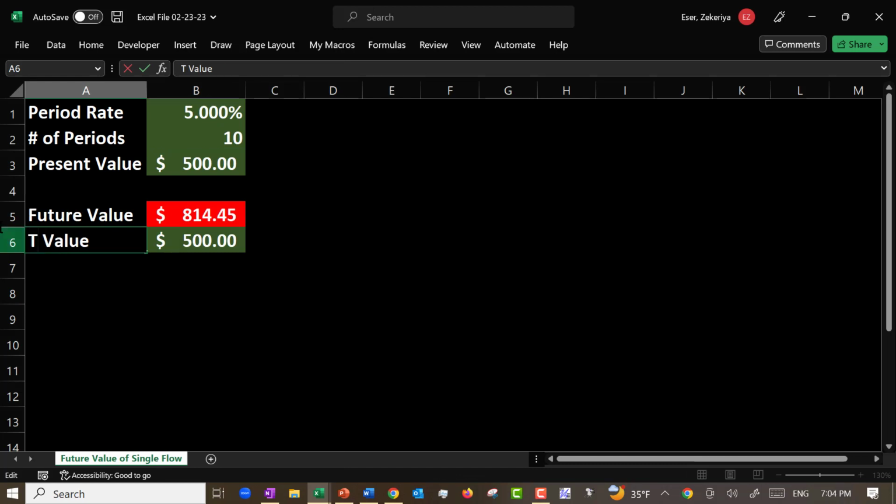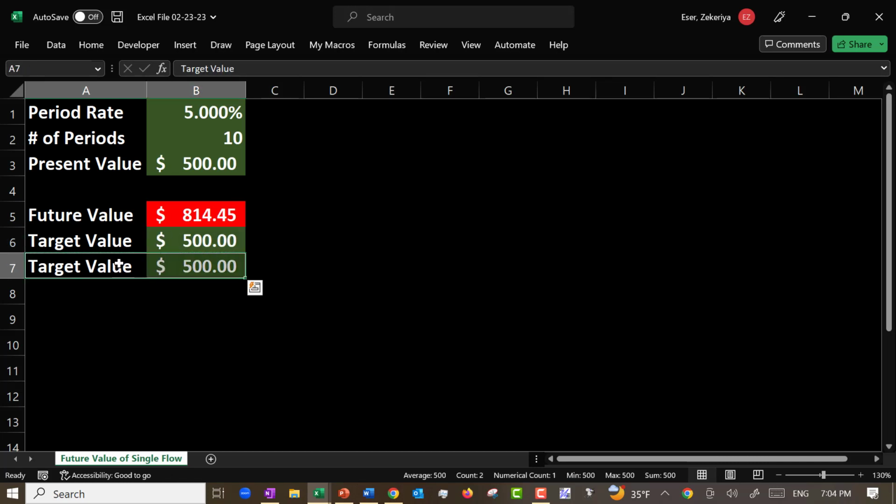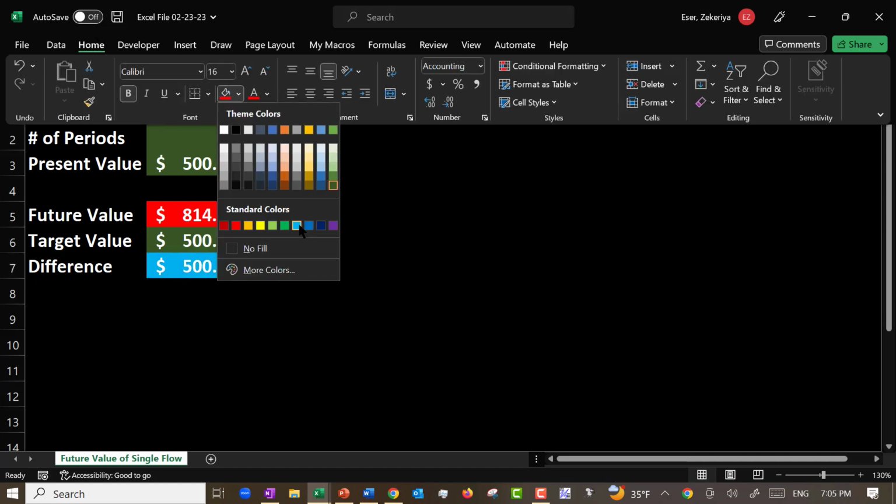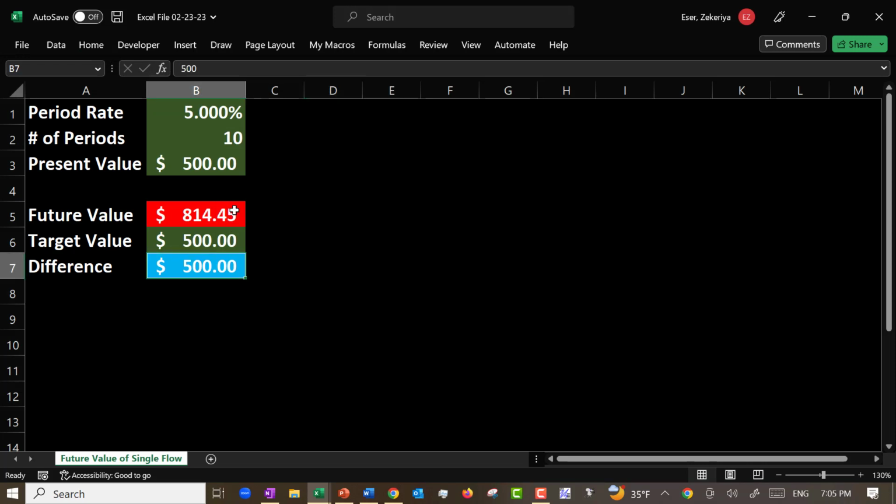I'm going to write target value, and I'm also going to add the difference. I'll give it a different background to tell me something.